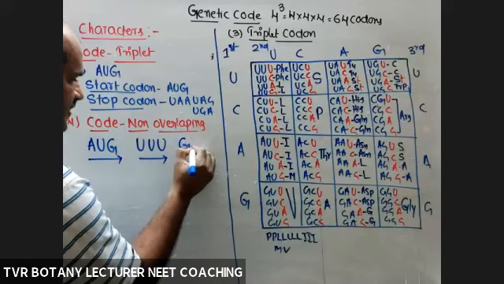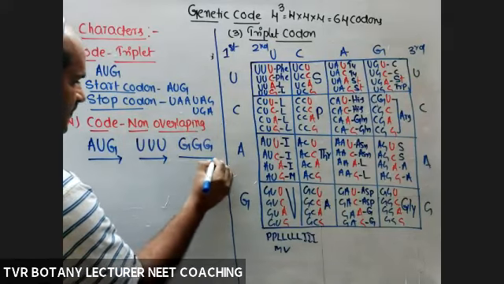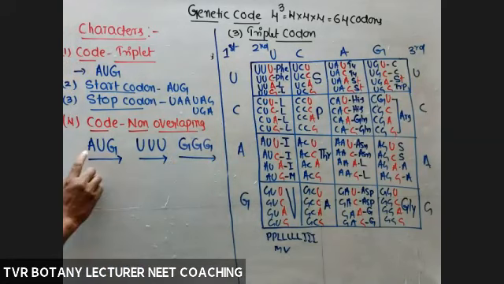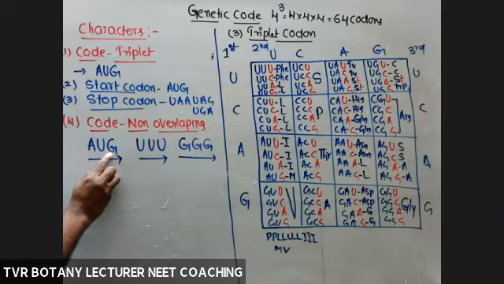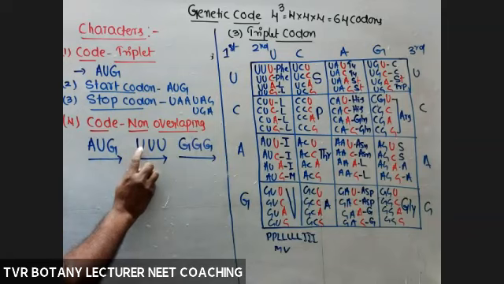Next, G. So here reading frame is from A to G. So reading frame is AUG. And this codon, triplet codon, starts with uracil, ends with uracil. So you should start from uracil.